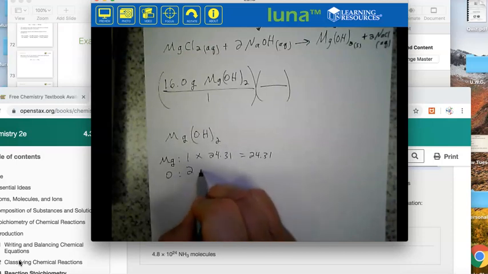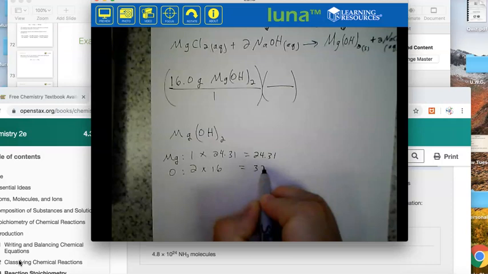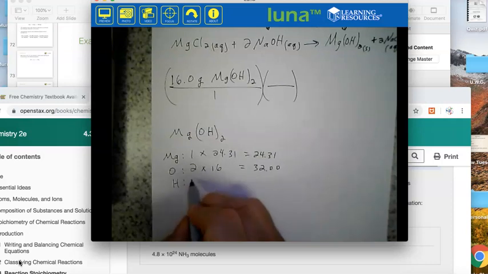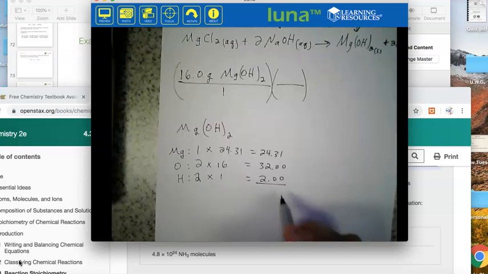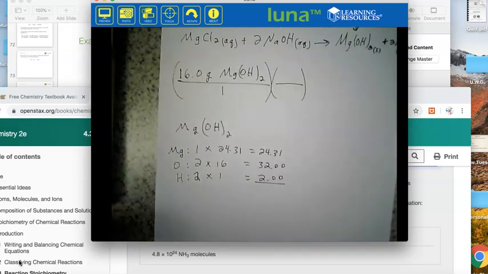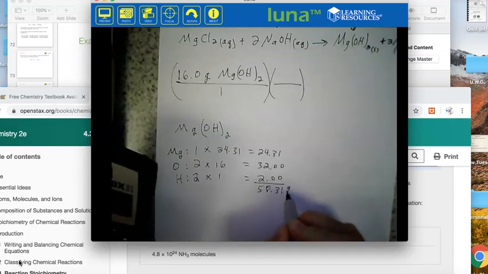So it's going to be 2 times 16, which is 32 even. And then hydrogen is going to be 1 for each atom. There's 2 atoms there, so that's going to be 2. Okay, so I have to add up my values here, and that is 58.31 grams per mole.